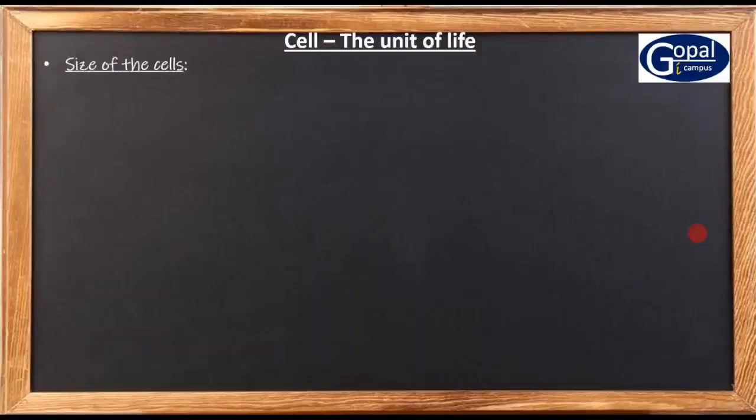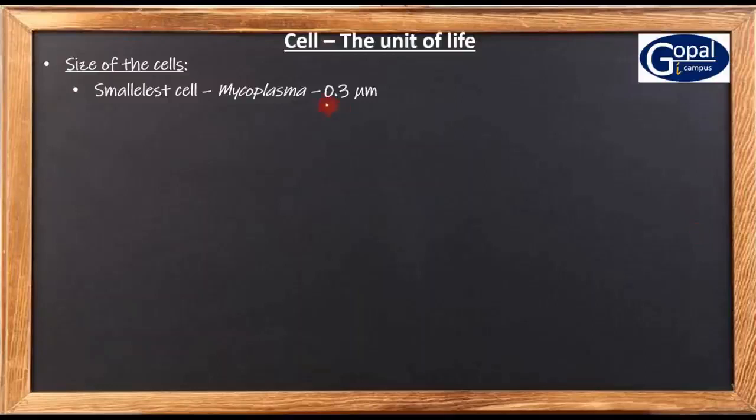And these cells occur in different sizes and different shapes. First, let us discuss the sizes of the cells. Right? So here the smallest cell is mycoplasma. Mycoplasmas are the smallest cells known so far.